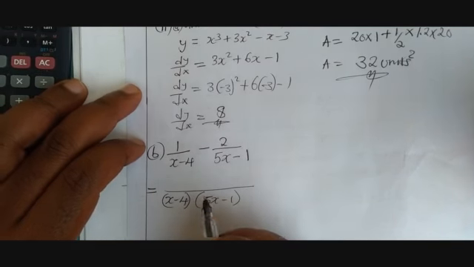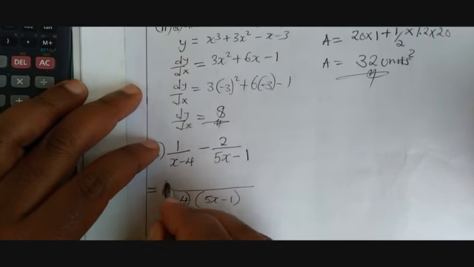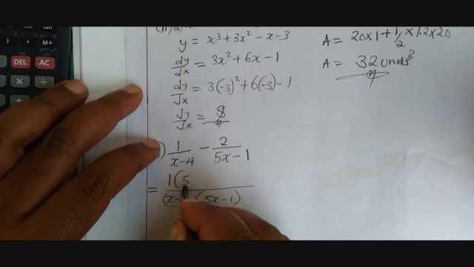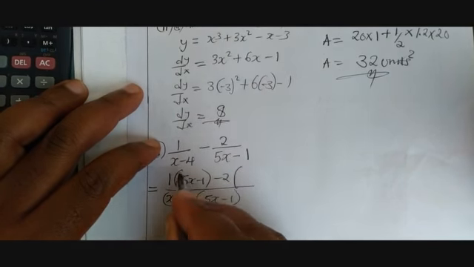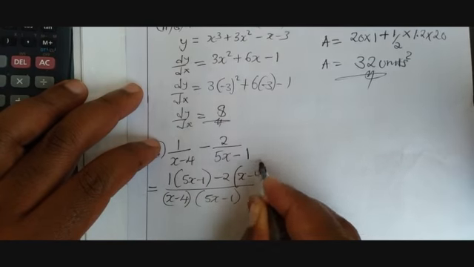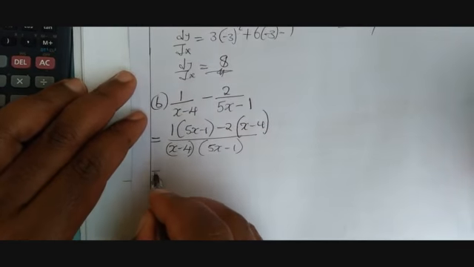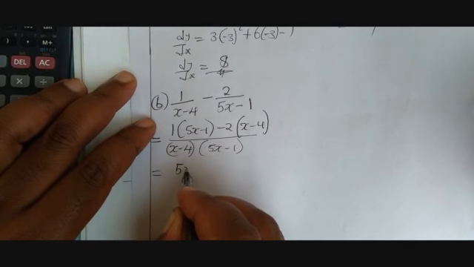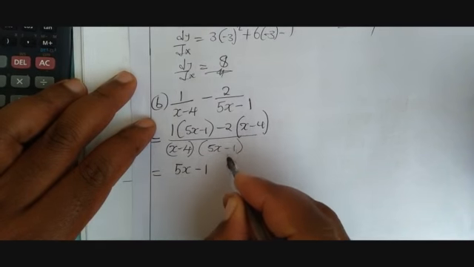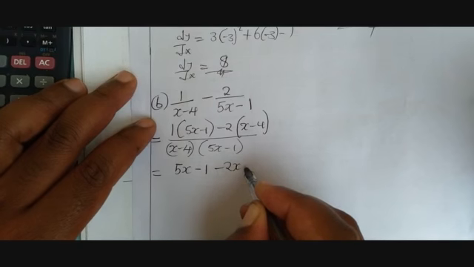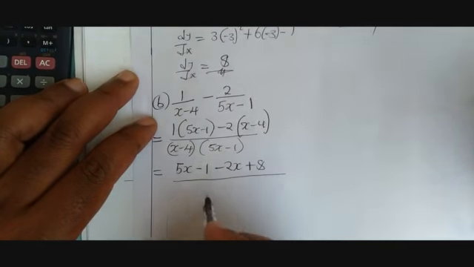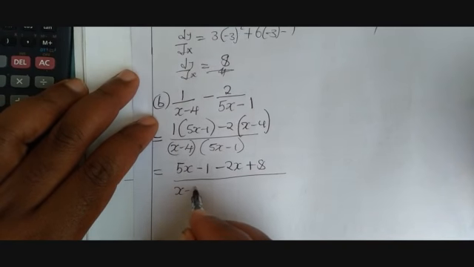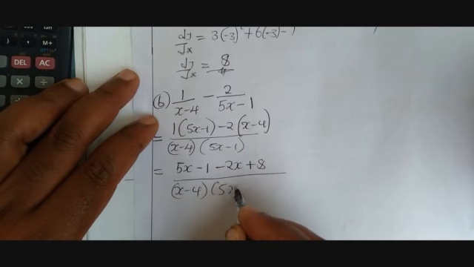All right, so here you cross multiply. So you have got 1 times (5x minus 1), close, minus 2 times (x minus 4). Okay, then we distribute: 1 by 5x, you have 5x minus 1, negative 2x plus 8. Everything you divide by (x minus 4)(5x minus 1).